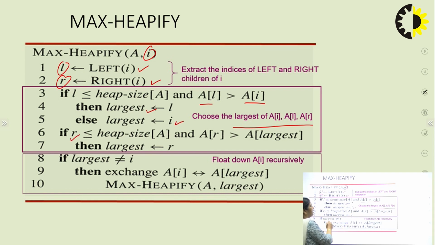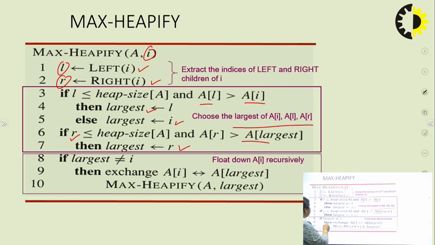Then we compare it with R. If A[R], the right value, is greater than the largest we have found till now, which may be i or L depending on the previous condition, then we will take R as the largest.